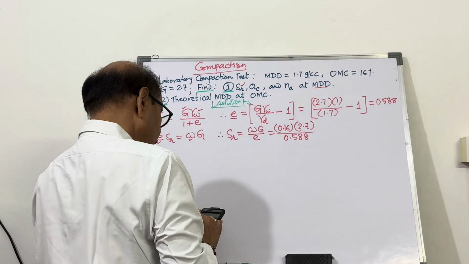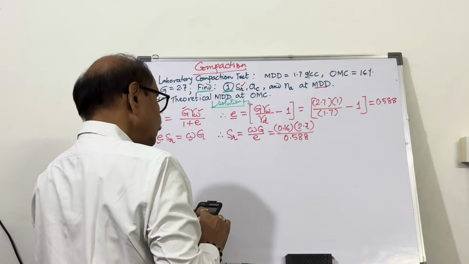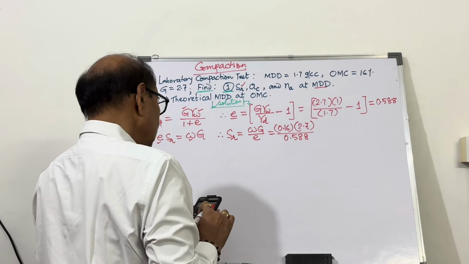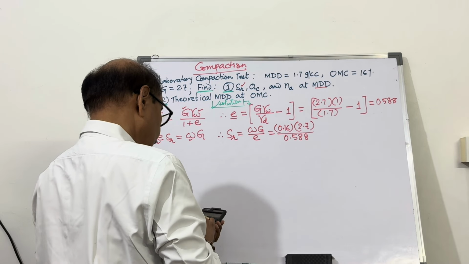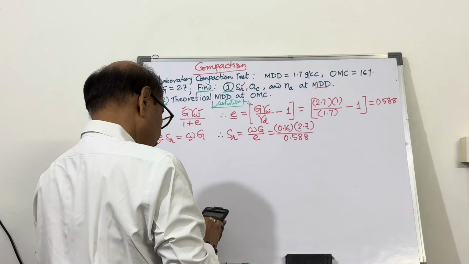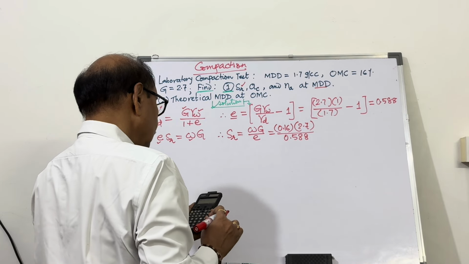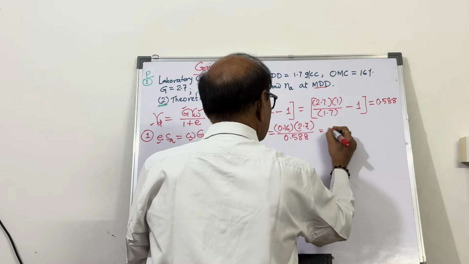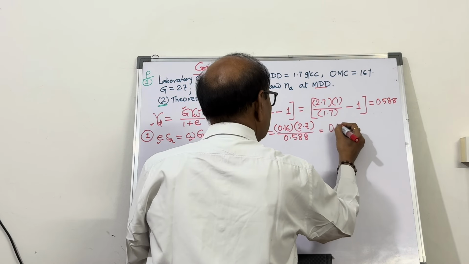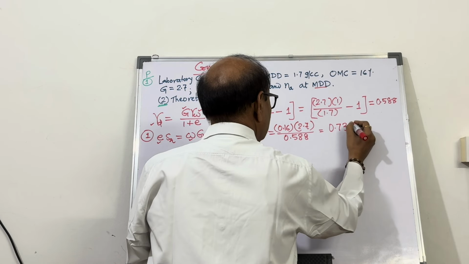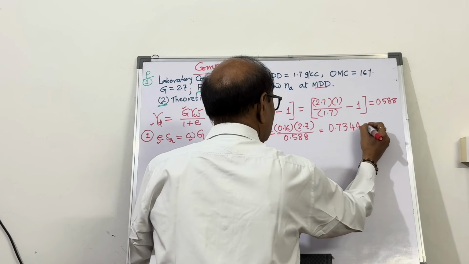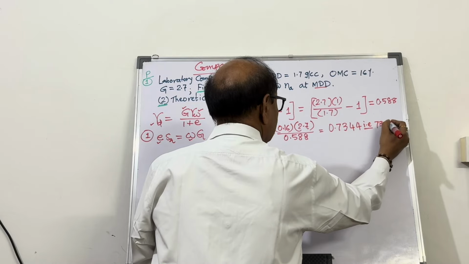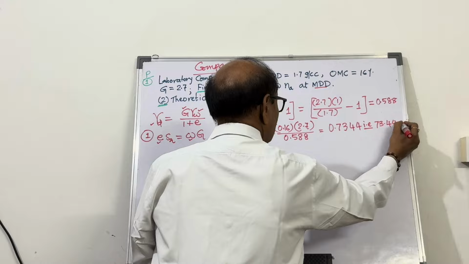So when we calculate, the value of degree of saturation comes out to be 0.7344. That is, it is going to be 73.44%.